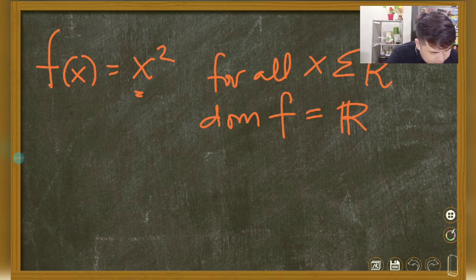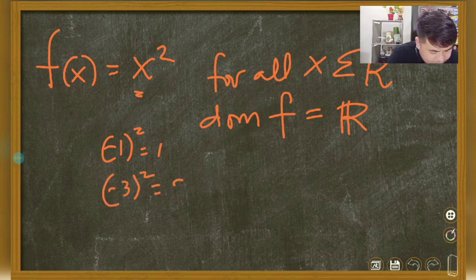On the other hand, if we take note, class, x squared is non-negative. Why non-negative? Because if you substitute everything, even a negative number, the result is still positive. So for example, negative 1 squared is positive 1. Negative 3 squared is 9.